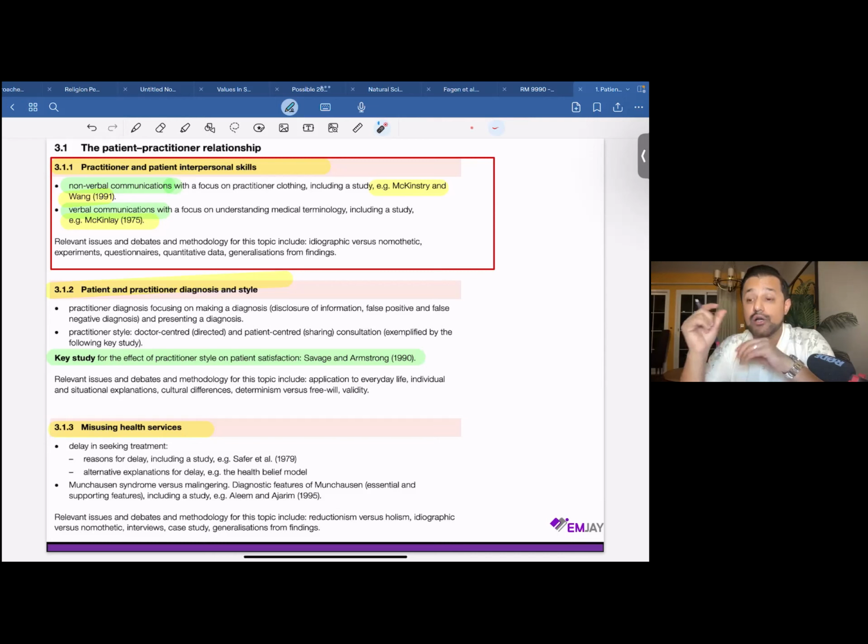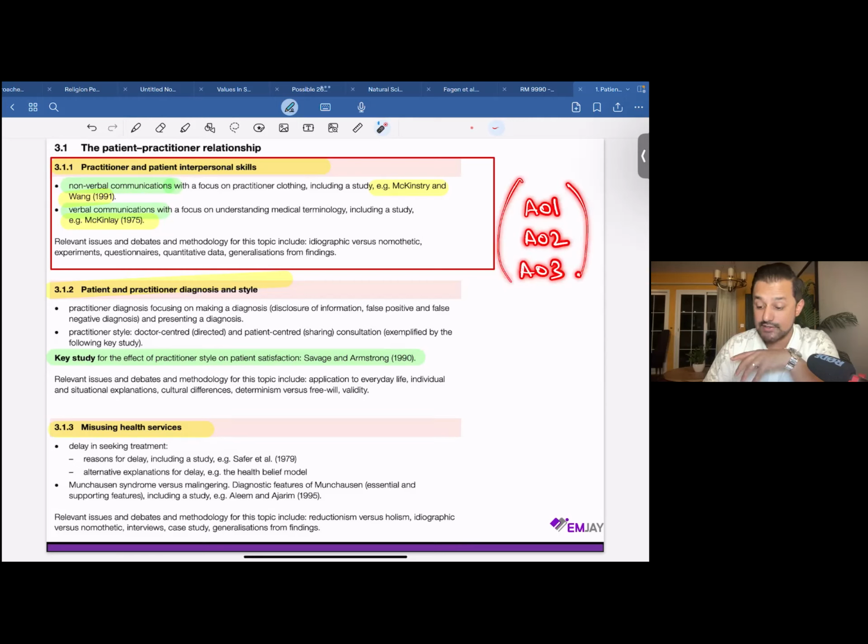What does the word jargon mean here? Medical jargon. A jargon is any technical term that a professional uses. For instance, I being an A-level psychology teacher, I very often use terms such as AO1, AO2, AO3. This is a jargon. This is not a medical jargon, nonetheless it is a jargon.